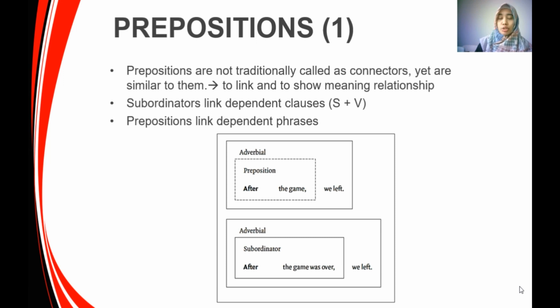You don't have the verb here. You just have the words or the phrase. Okay, but in the second sentence, after the game was over, we left. After the game was over, the game was over here is a clause. So the subordinator after here is just to link the clause the game was over with the main clause we left.